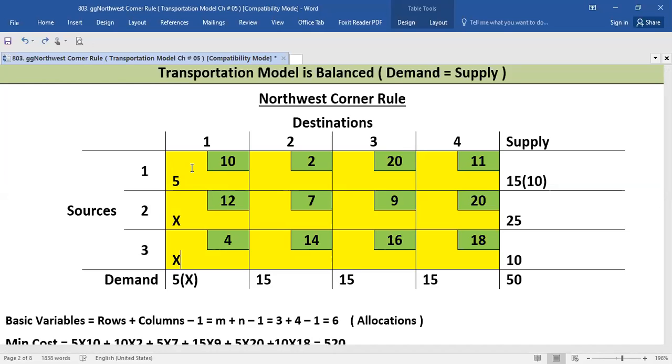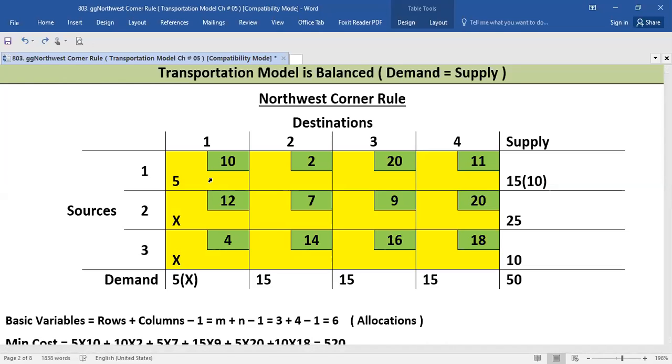For your next allocation, you will see your path. Is there any path for the allocation? No. All the cells are filled with a cross or a value, so you cannot move down from this value. The only way is to move to the adjacent blank cell, not the cell which is filled with the cross.